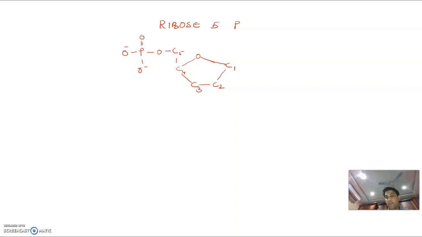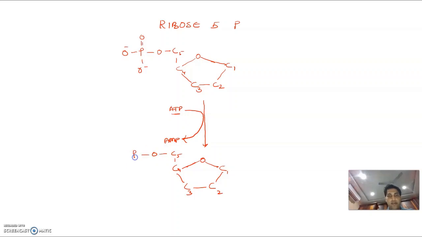This ribose 5-phosphate is converted to a pyrophosphate. That is, an ATP molecule is utilized and it forms AMP. So two phosphate groups from ATP are taken and given to ribose 5-phosphate. So the ribose 5-phosphate will now become phosphoribosyl pyrophosphate.